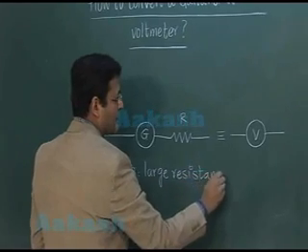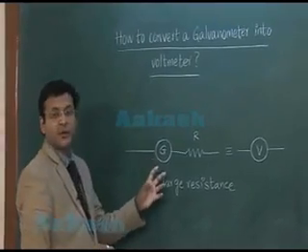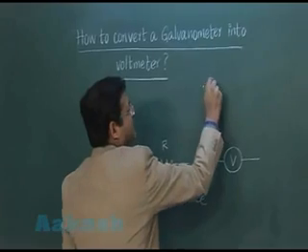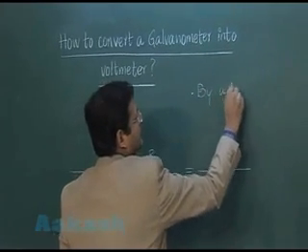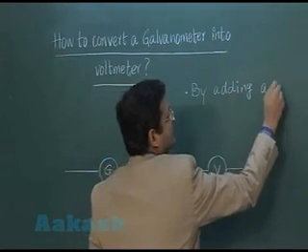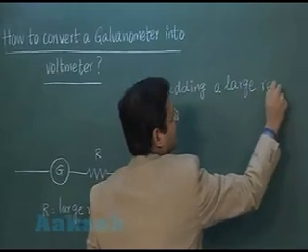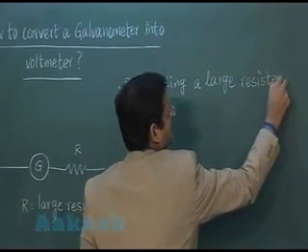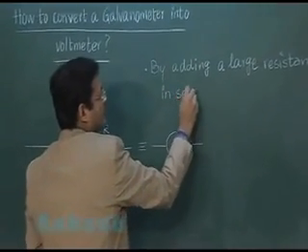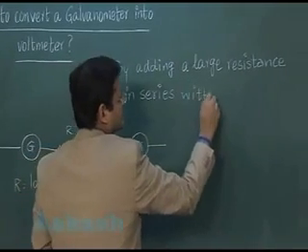So what is the method to convert a galvanometer into a voltmeter? This is done by adding a large resistance in series with the galvanometer.